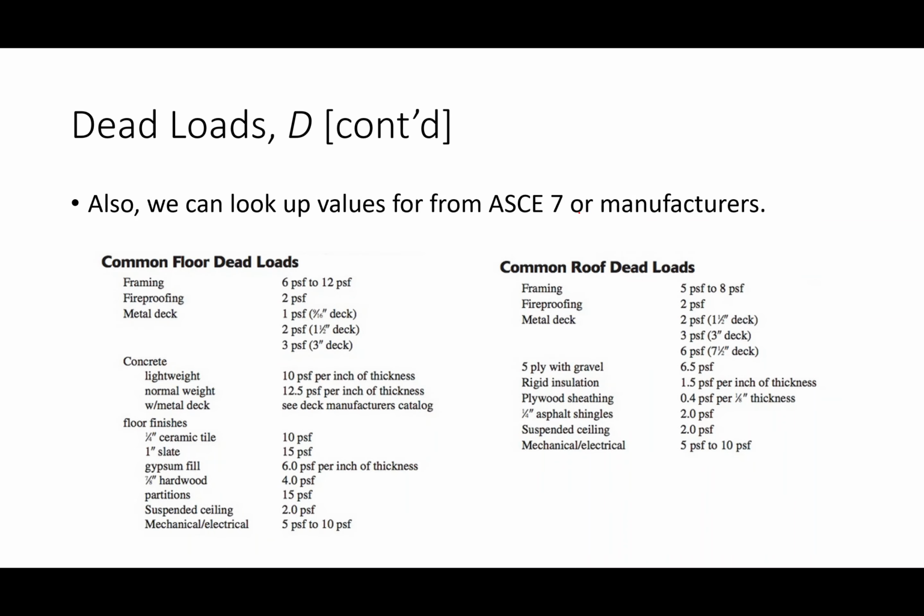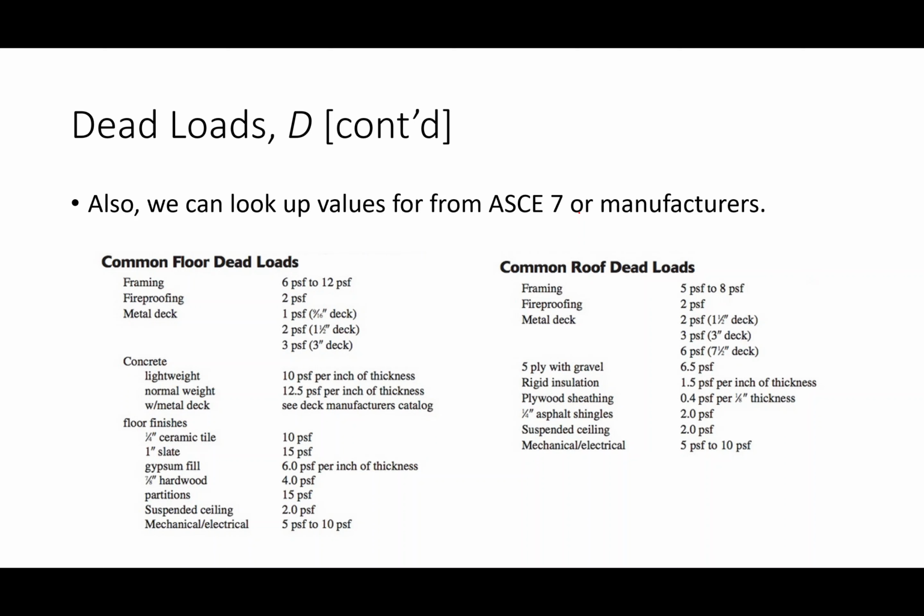You can look up the loads for other components in a structure from a document like ASCE 7 or from the manufacturer. For example, the manufacturer of this carpet probably has a catalog that says what value you can use on a pound per square foot basis.